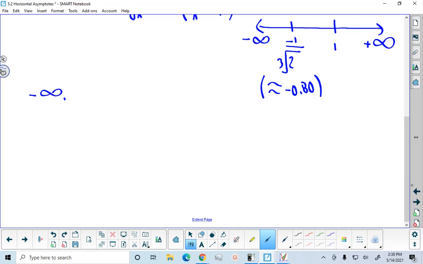-∞ to -1 over the cube root of 2, -1 over the cube root of 2 to 0. Nope. To 1, and 1 to infinity.